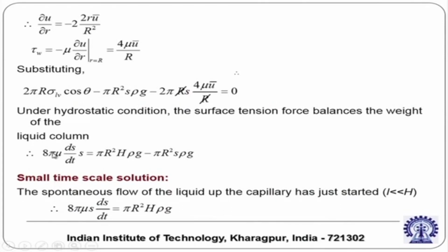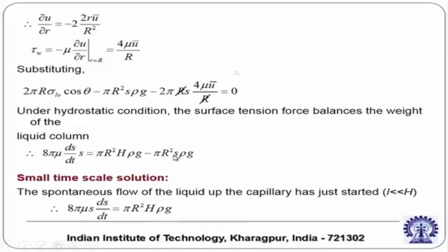This is the viscous force, this is the surface tension force, but expressed in terms of the static height capital H, and this is the weight or the gravity force that is opposing the motion of the capillary.